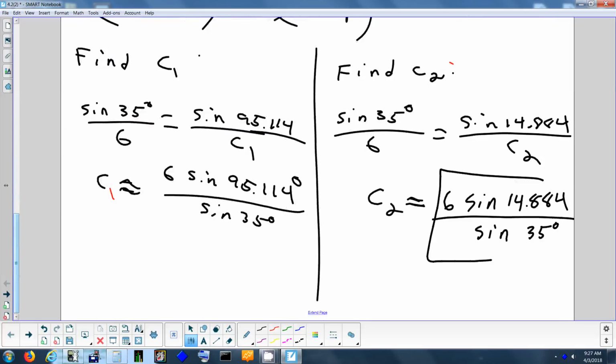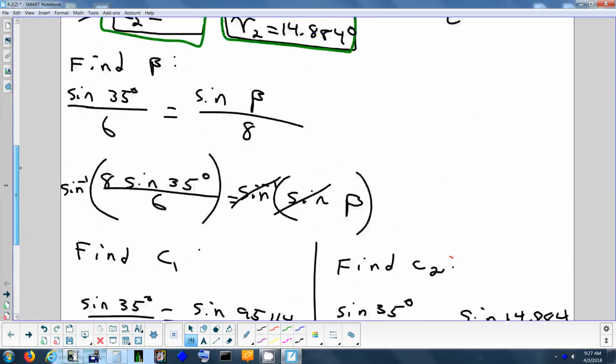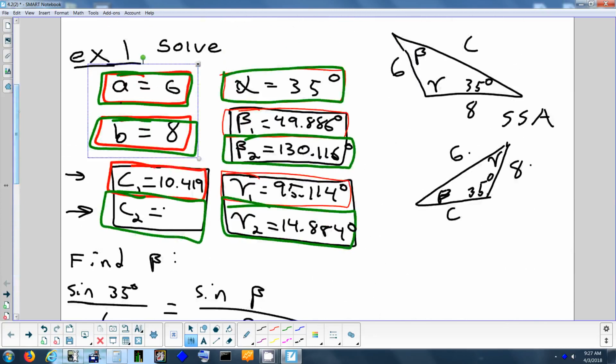Did anyone already type that in and have what it comes out to? Yeah, 2.687. I think I remember in the past getting 2.686, so it's definitely close enough. If you had 2.69, 2.70, 2.71, that's fine. 2.9, no, that's too far off. You did way too much rounding or you just did something wrong.